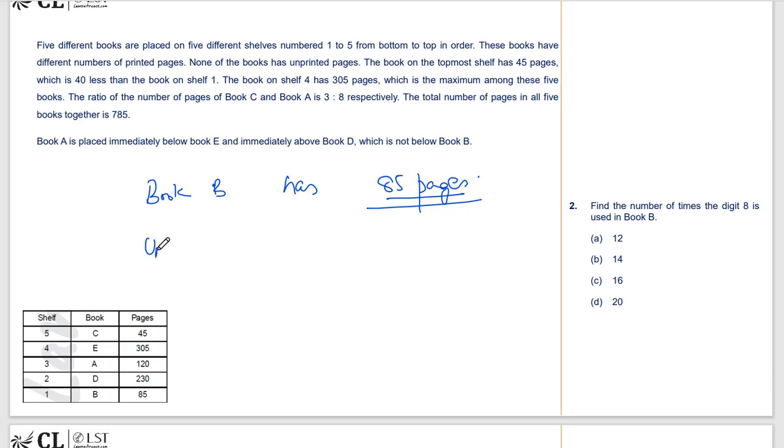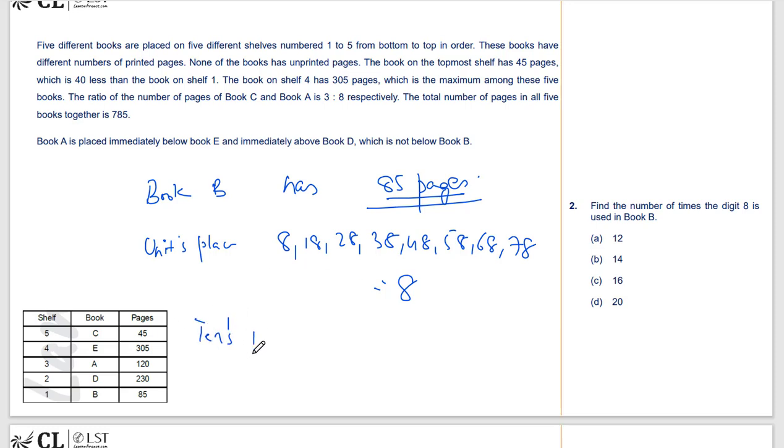So quickly checking the numbers where 8 has been used at units place, the numbers are going to be 8, 18, 28, 38, 48, 58, 68, and 78. We won't be going to 88 because the number of pages is 85. So there are 8 instances where 8 has been used at units place.